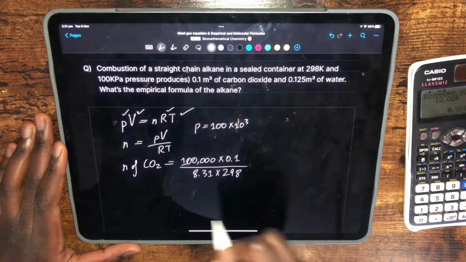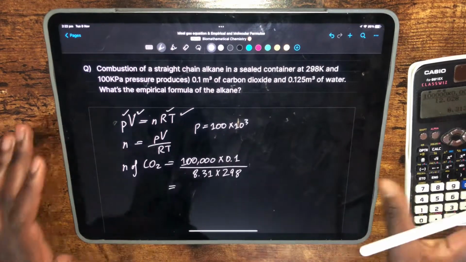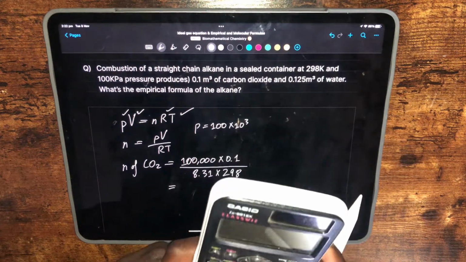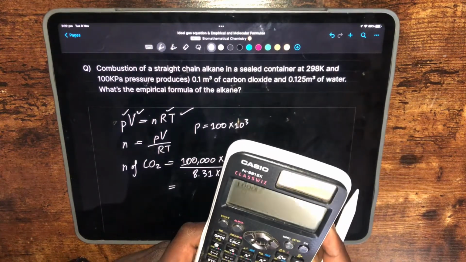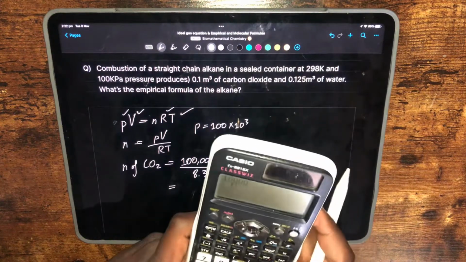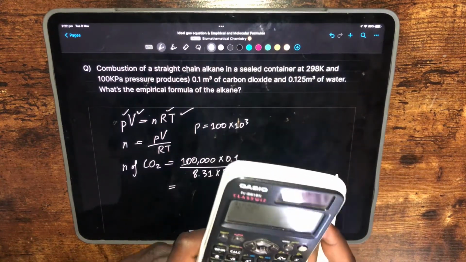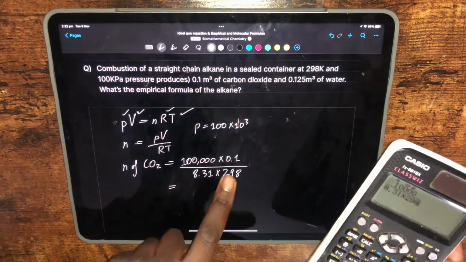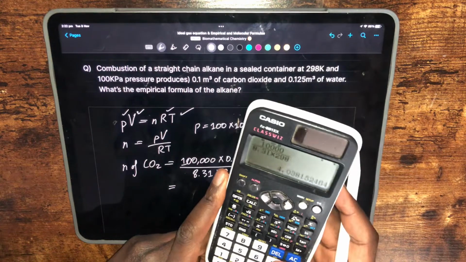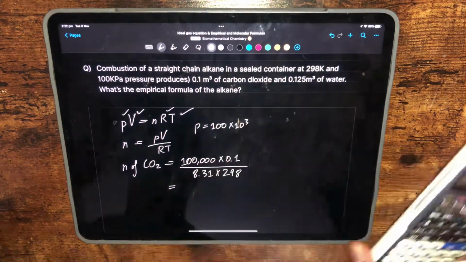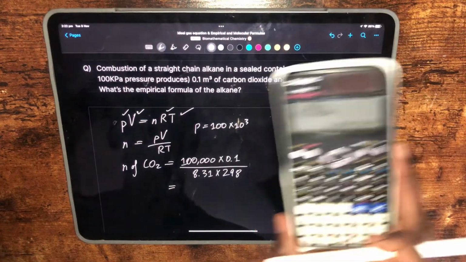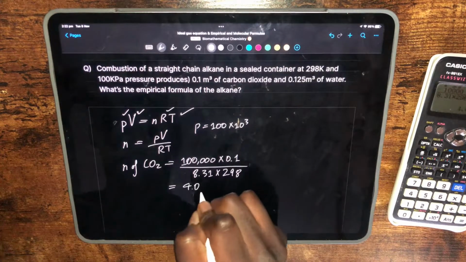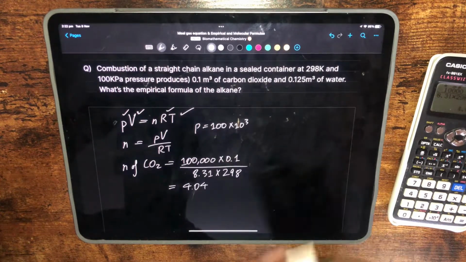Cancelling out, that's 10,000 over 8.31 times 298, because there's 100,000 times 0.1 there. That's about 4.04. That's the amount of moles of CO2.